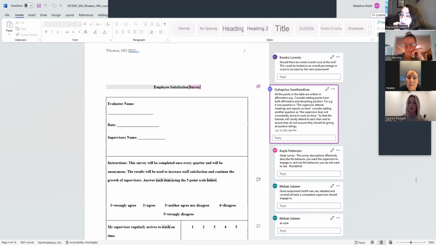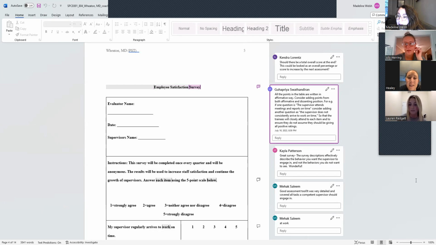So I think it could be either way. It just depends. This is a much more positive way of framing it, which can be good. That was just my little tidbit as I was reading the comment. I don't know what you guys think, but I think that could be a point up for discussion and doesn't need to be changed.